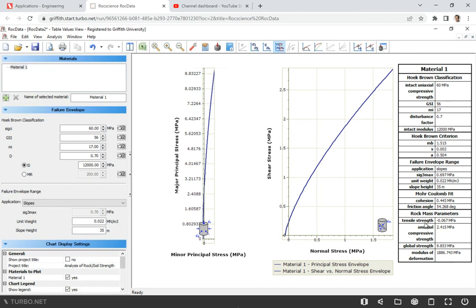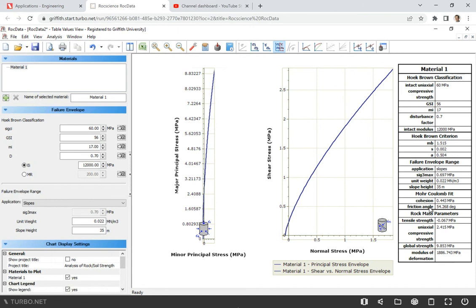The tensile strength is also pretty low, 0.067, and it's negative because it's tensile strength. We can also get cohesion and friction angle. For slope stability, those will be very important characteristics. That's what we use most of the time to estimate the safety of a slope.